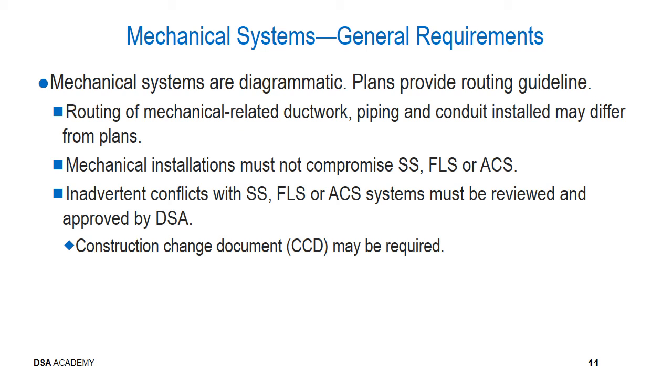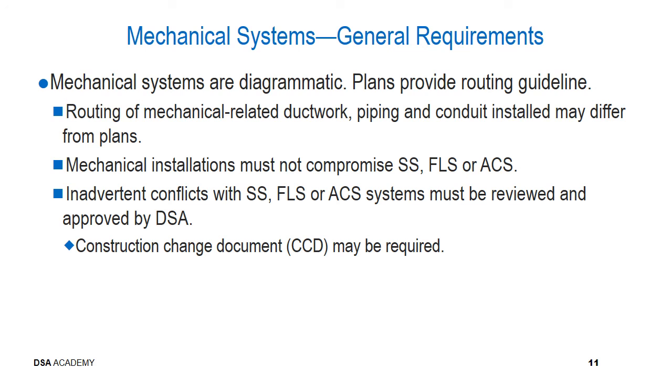The important thing to remember here is that when these conflicts do occur, they must be reviewed and approved by the Division of the State Architect, specifically the district structural engineer. So it is incumbent upon the project inspector to make sure that any such conflicts which arise and are observed by the project inspector are discussed in detail at the earliest convenience with the district structural engineer from the Division of the State Architect.